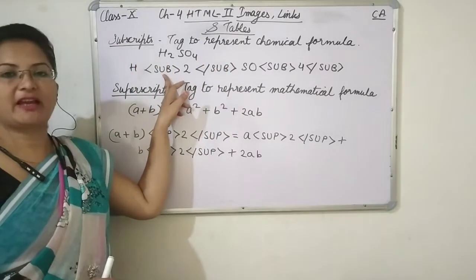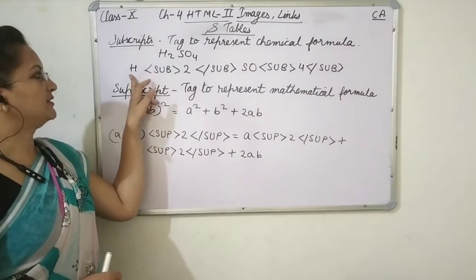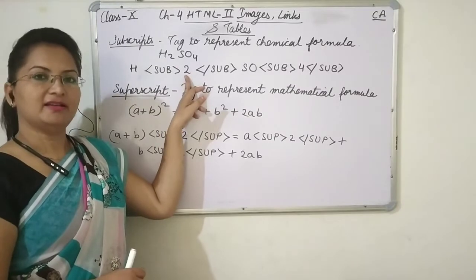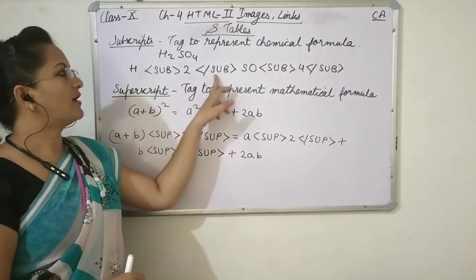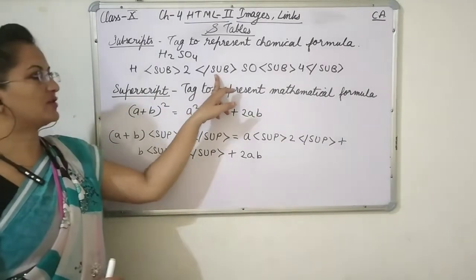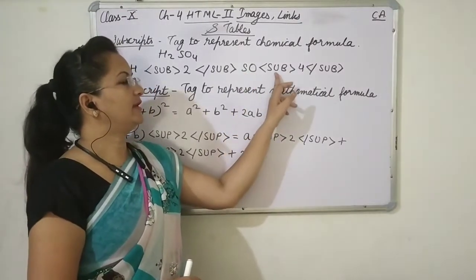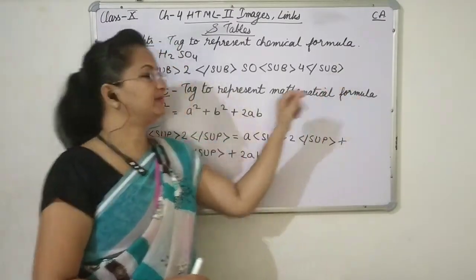For subscript we have the SUB tag. So we will write H, then SUB tag, then the number that we want below the baseline, that is 2, and then the SUB tag closed. Then SO, then SUB, enclose 4 inside the SUB tag.